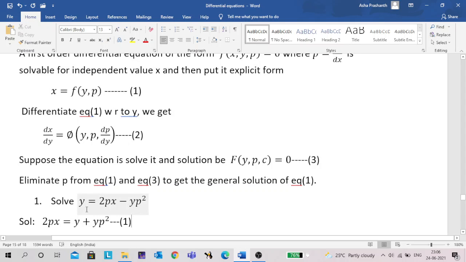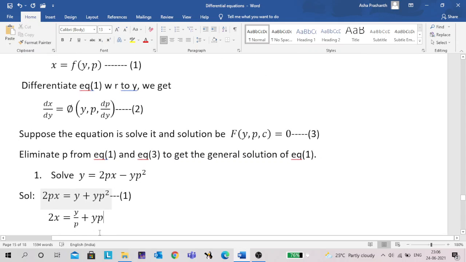So 2px is equal to y plus yp square. I want only the x value on the left hand side, so I am taking 2p to the right hand side. What I'll get is 2x is equal to y by p plus yp square by p, so you will get yp.